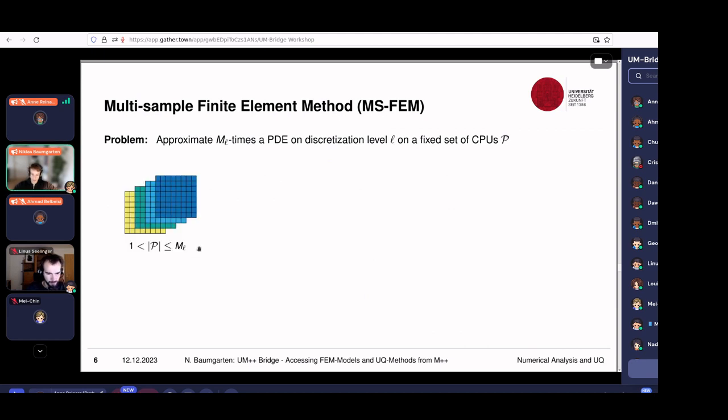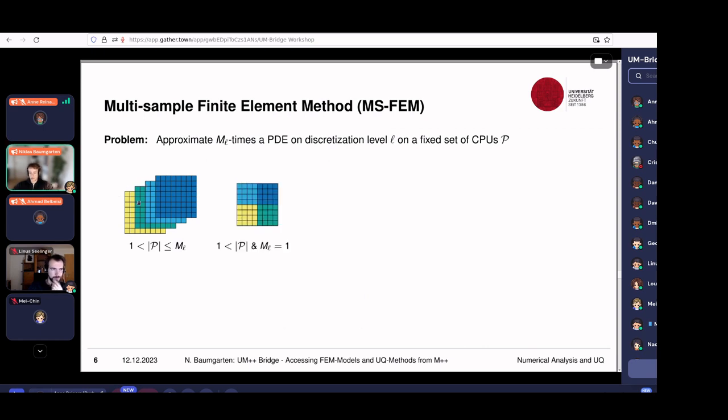And the optimal parallelization, if I have way more samples than processing units, is simply to distribute all the computations, so these are different samples and the colors are different processes, on different processes.